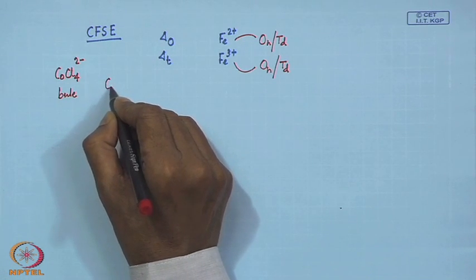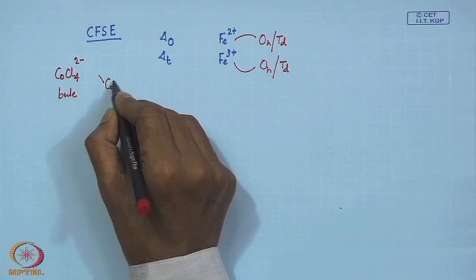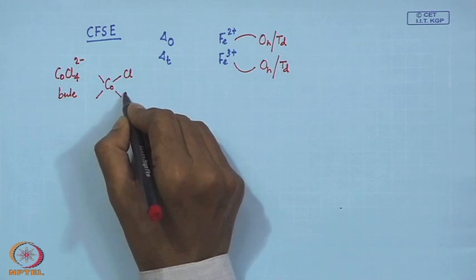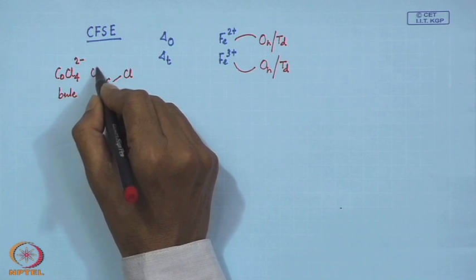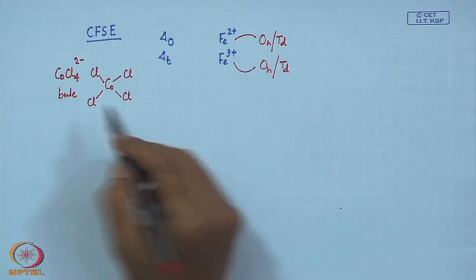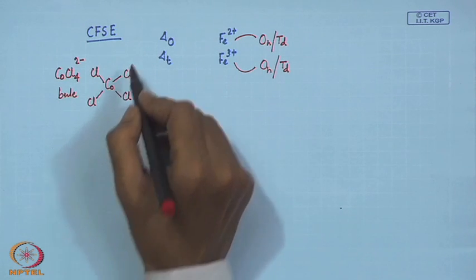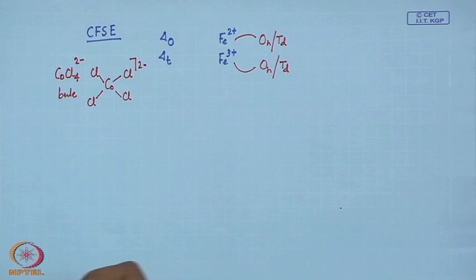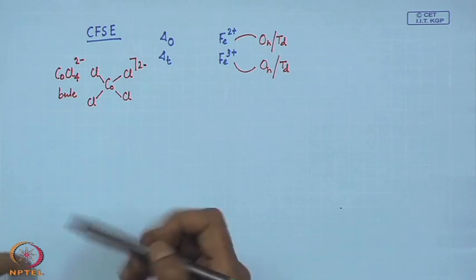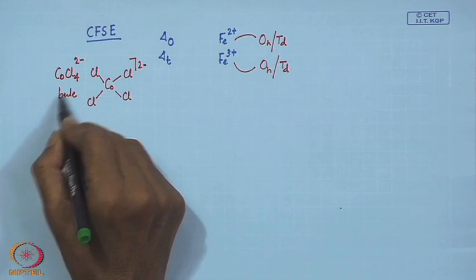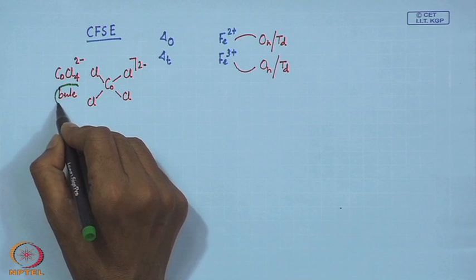So, this particular complex is basically stabilized in a tetrahedral arrangement of chloride anions, and this arrangement is responsible for the stabilization of cobalt in tetrahedral geometry. And this can also be there if we have a solid state arrangement.